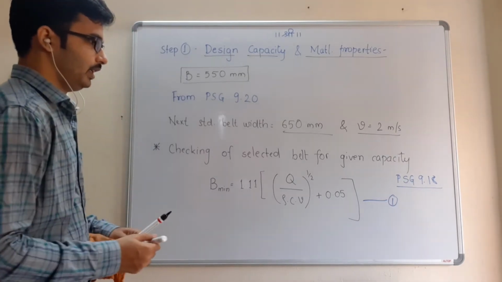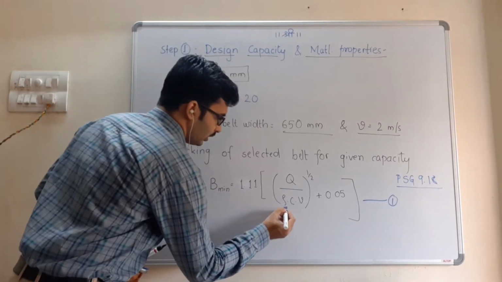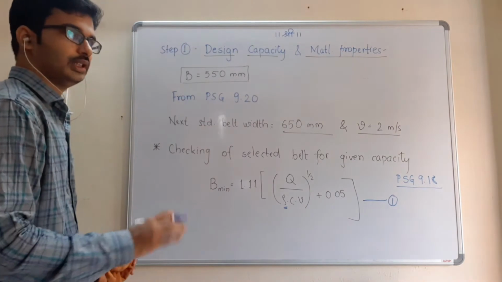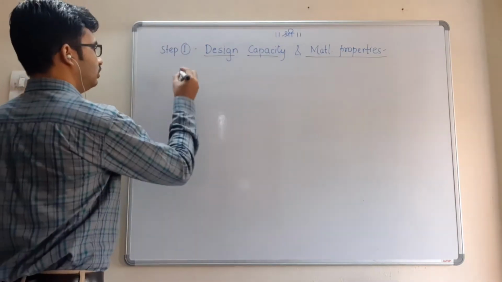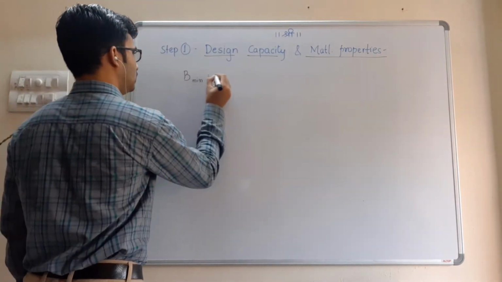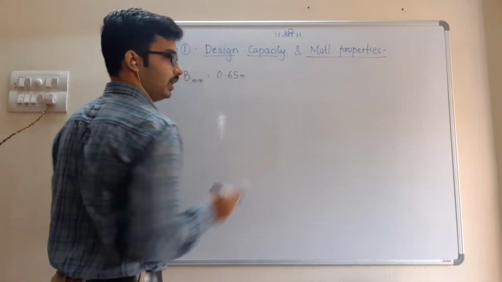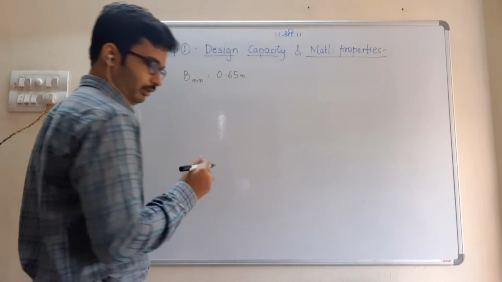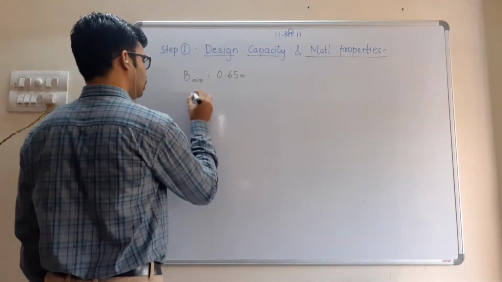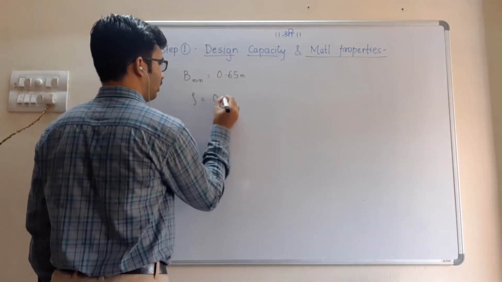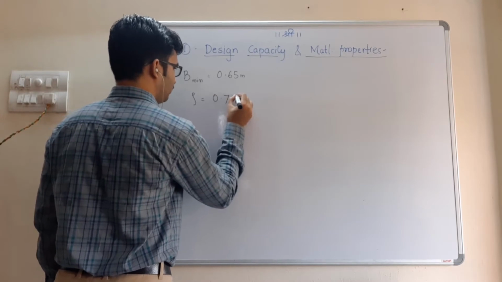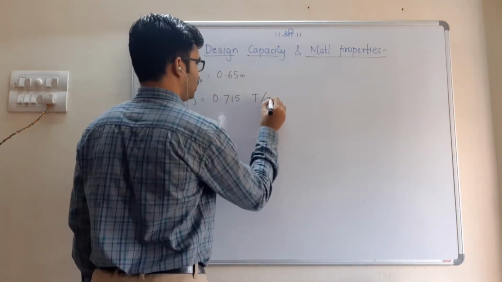Now in the data book this rho is not given, so you have to consider that rho value also. B min is nothing but your 0.65 meters, because you have selected 650 mm of belt width. Then rho value I have considered as 0.75 tons per meter cube.